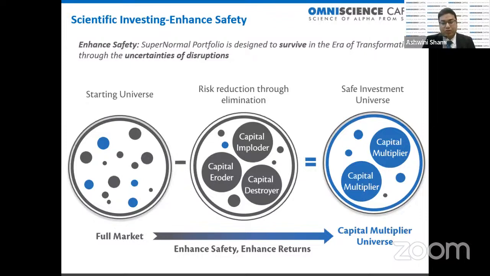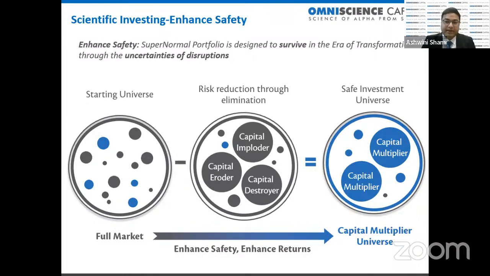When we start creating a portfolio, you can invest in the full market. That's obviously an option. Through ETFs that's possible these days, buying, let's say, all 500 stocks or all 50 stocks of the Nifty 50 or Nifty 500 index.